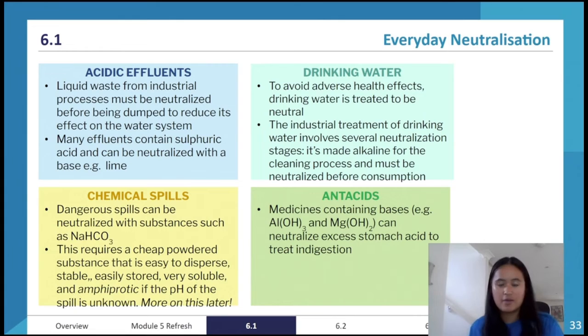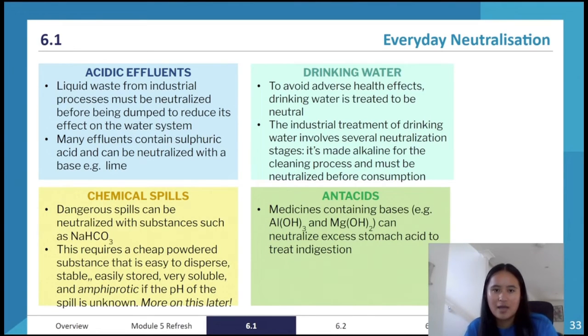You just sprinkle it everywhere and it will neutralize the acid or the base. That's a great thing about sodium bicarbonate, because it's amphiprotic. So if you don't know whether it's an acid or a base that you've spilt, you just chuck on sodium bicarbonate and it will clean up your mess. Even if it's an acid, even if it's a base, it doesn't care because it's amphiprotic. Talk about that more later.